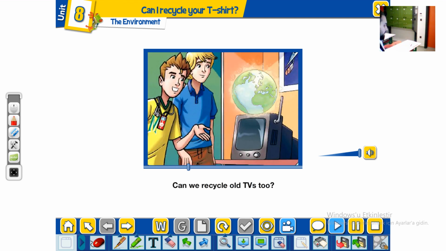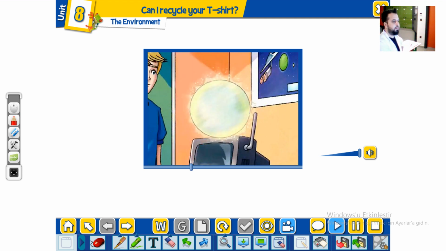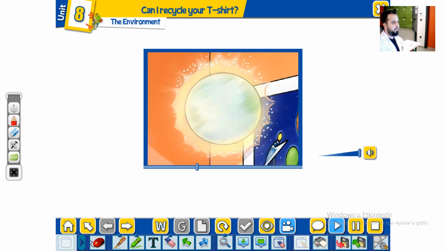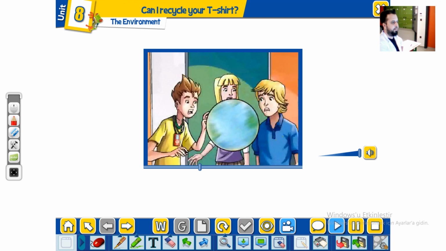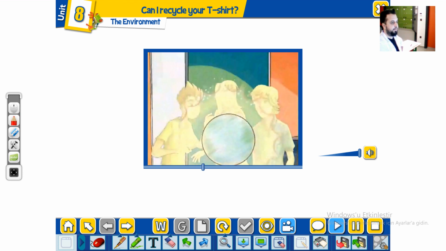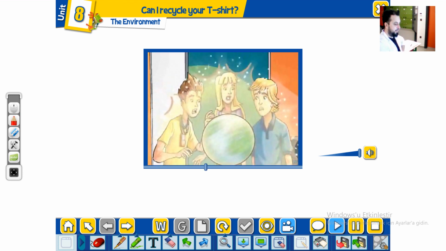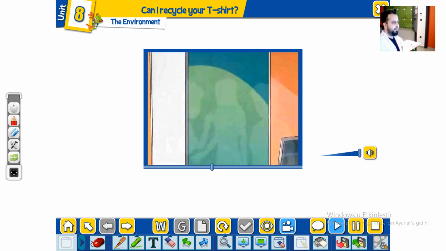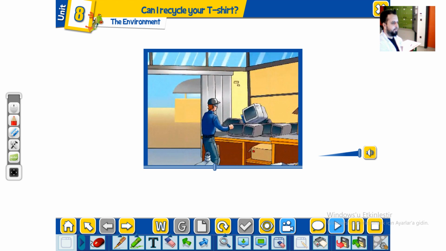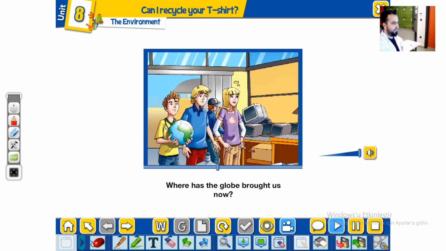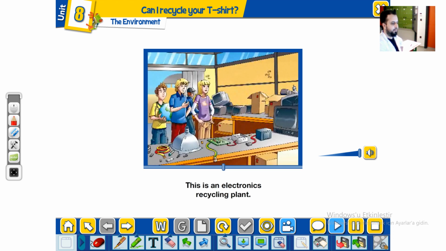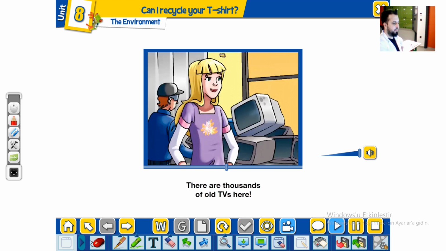Can we recycle old TVs too? Where has the globe brought us now? This is an electronics recycling plant.